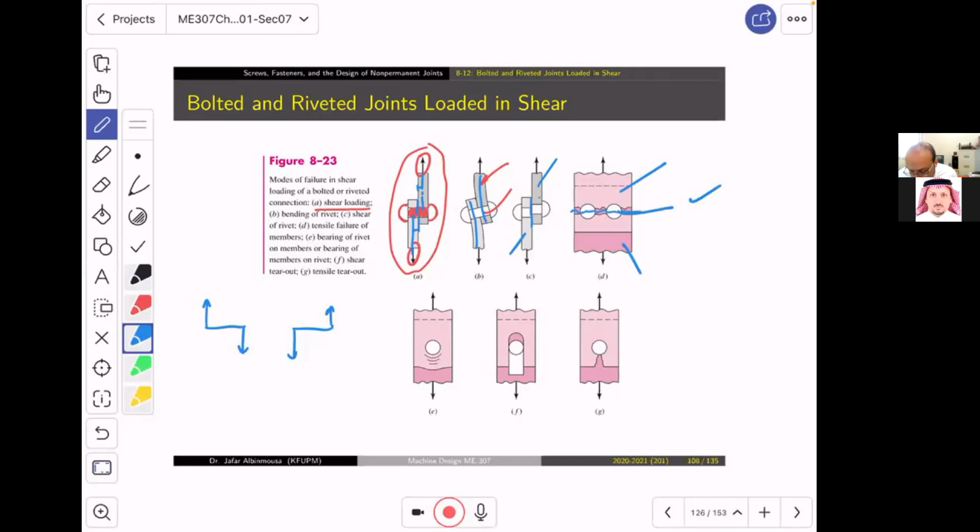Why? Because with respect to the member, there are two holes, okay, which is enough to create stress, okay?